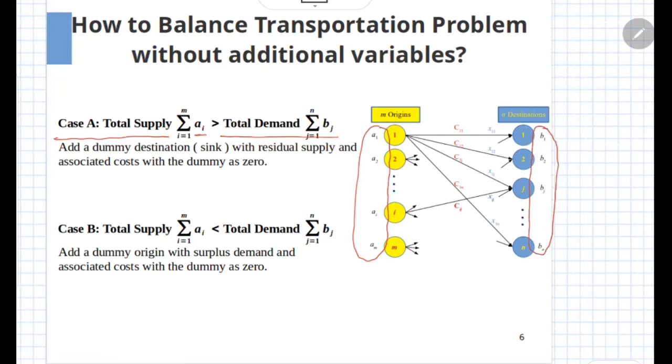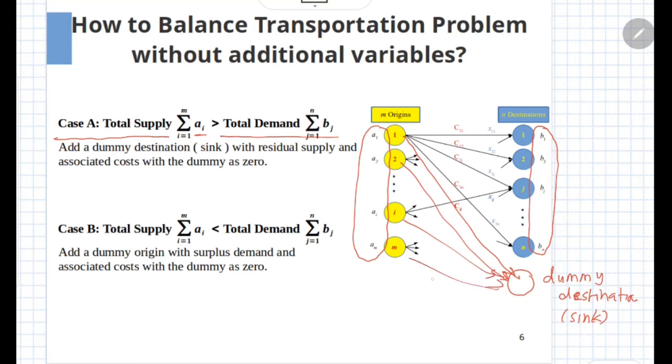In this case, rather than using additional variables, a standard trick that is followed is you add a dummy destination, also known as a sink, and the cost of transporting to this dummy destination is considered as 0.